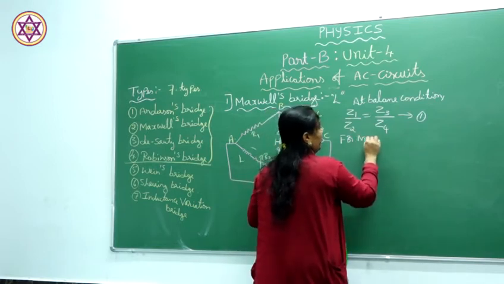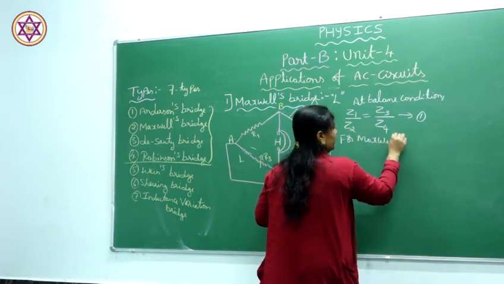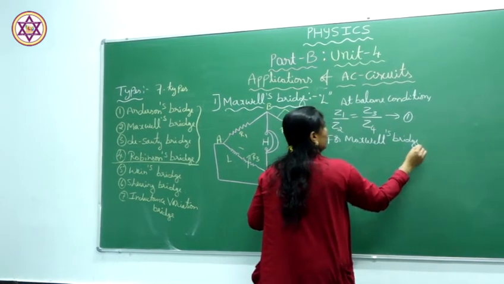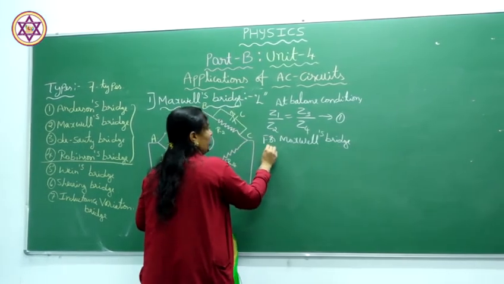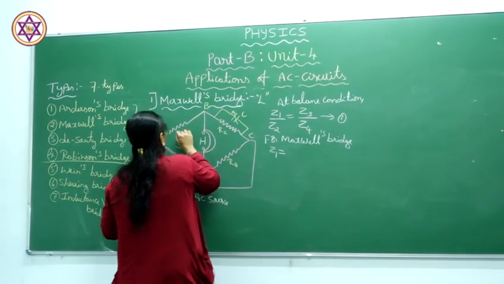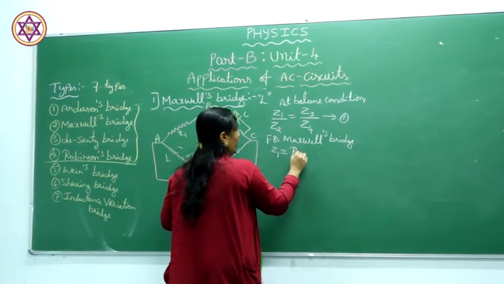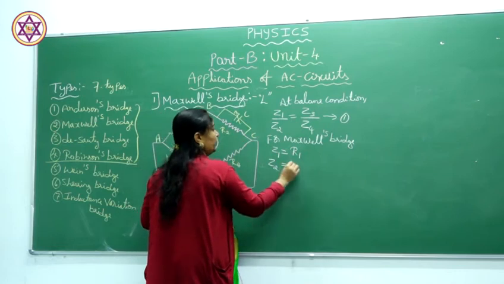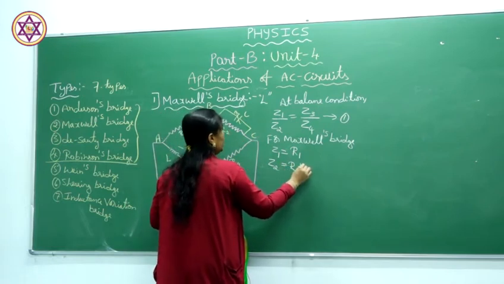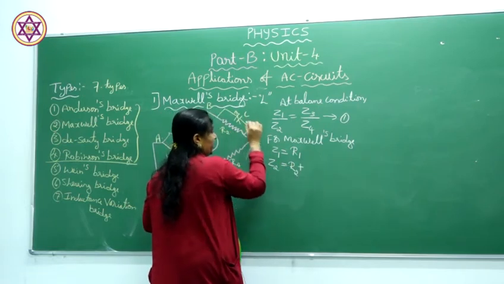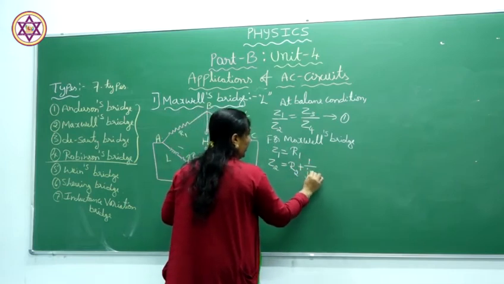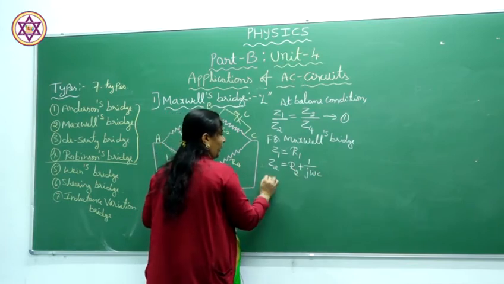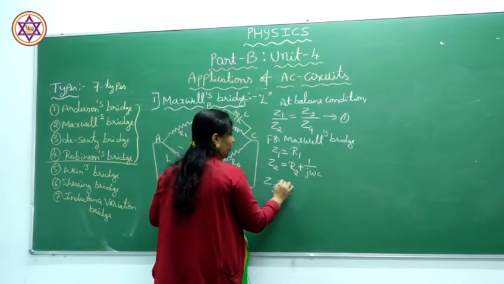But for Maxwell's bridge, what is the value of Z1? Z1 is nothing but R1. What is the value of Z2? Z2 is equal to R2 in parallel with the capacitor, whose impedance is 1 by j omega C. What is the value of Z3?